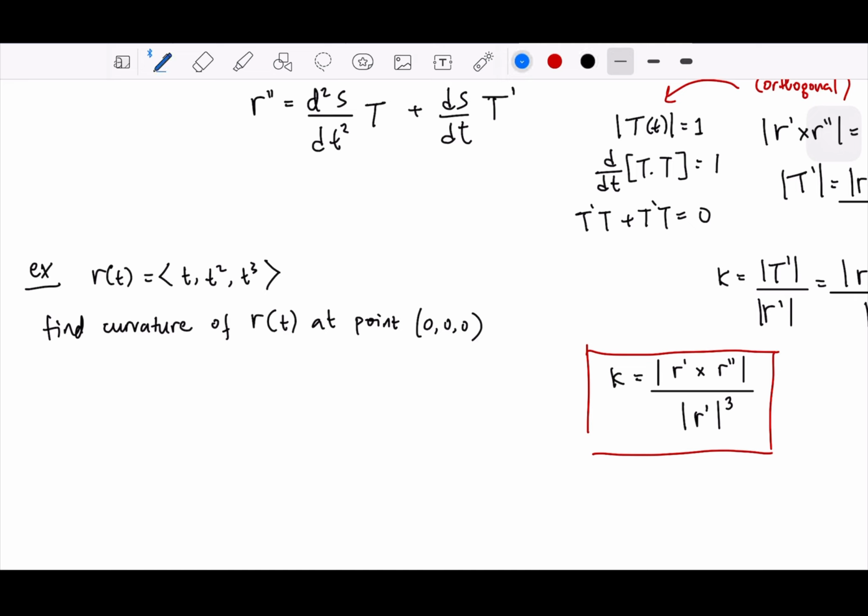So from this formula, we just apply it and we just need to find the first derivative and the second derivative and just put it in this formula. So first we need to find the first derivative, the second derivative, and take the cross product.